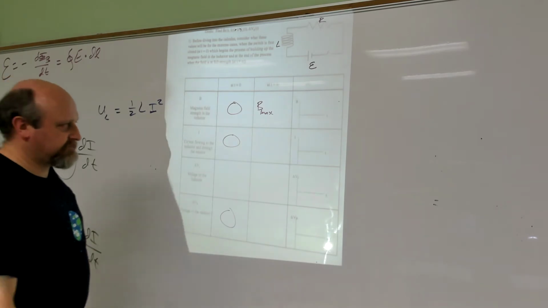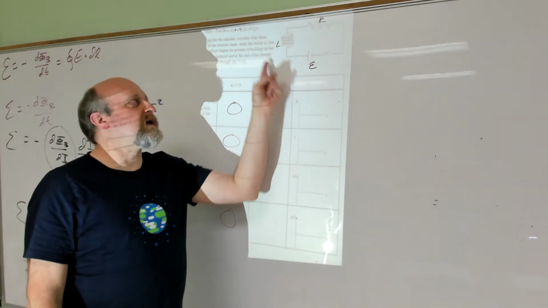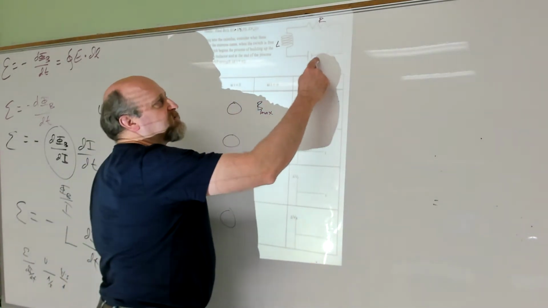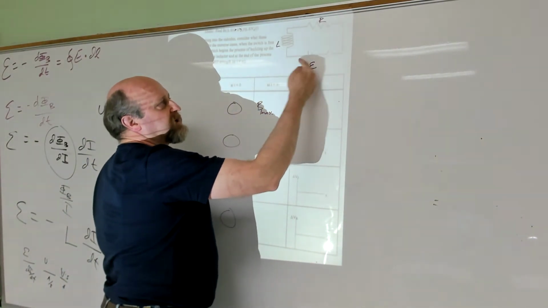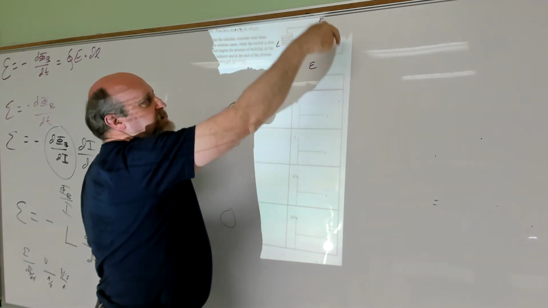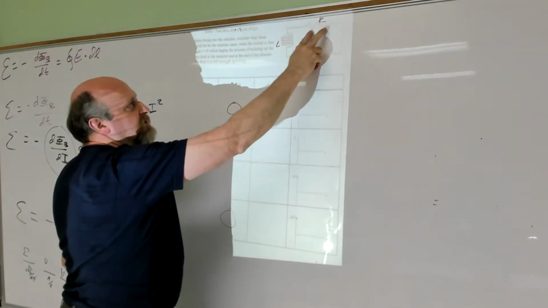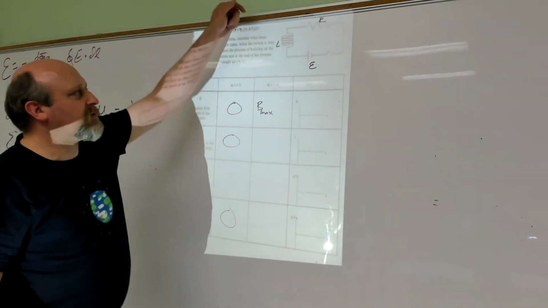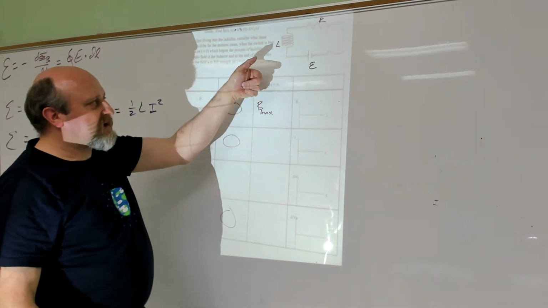But wait, if I do the loop law and go around in a loop, I should end up at the same voltage I started at. So if I'm going up in voltage from the low V to the high V, short line to long line, going through this, I've got to go down that same voltage when I get back there. There's no current flowing, so there's no delta V at the resistor. The delta V at the inductor is big enough to completely fight against the battery and make the current have to build up from 0.